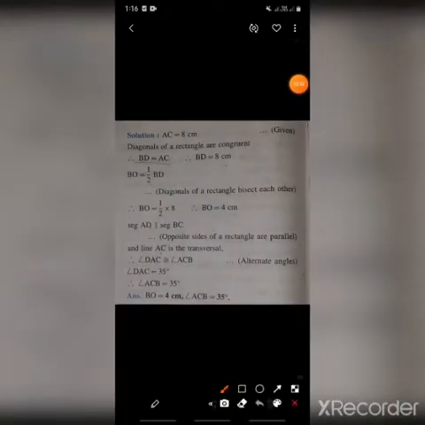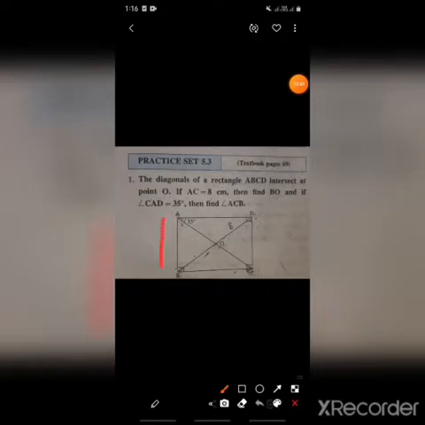Here AD is parallel to BC, as opposite sides of a rectangle are parallel. AB is parallel to CD and AD is parallel to BC, and AC is a transversal.